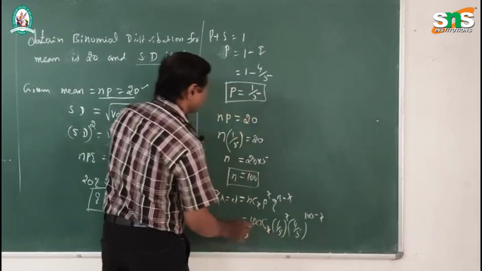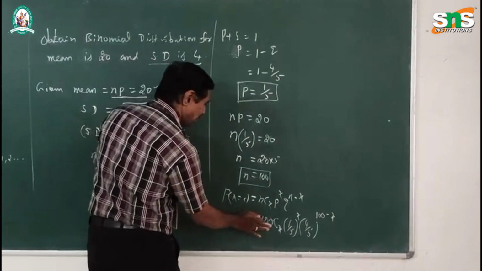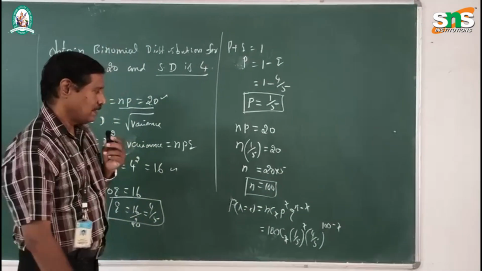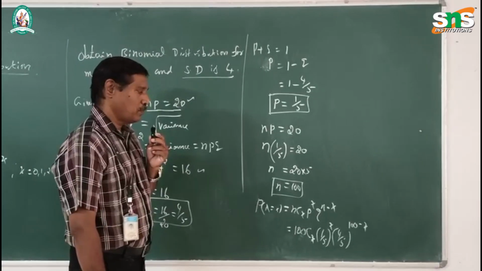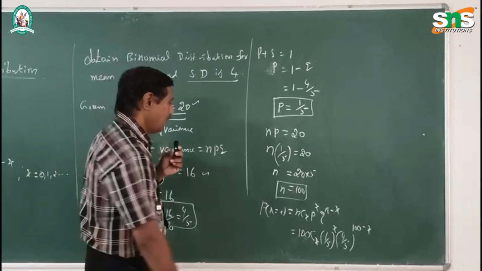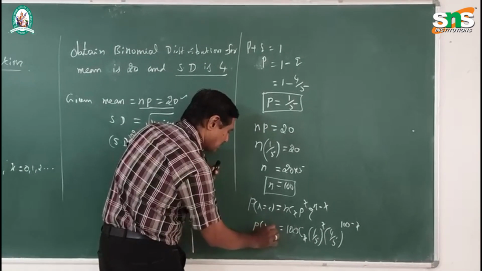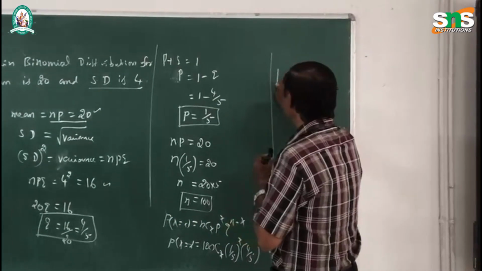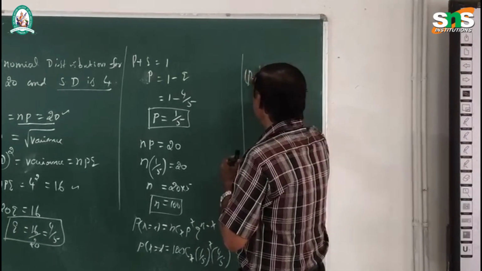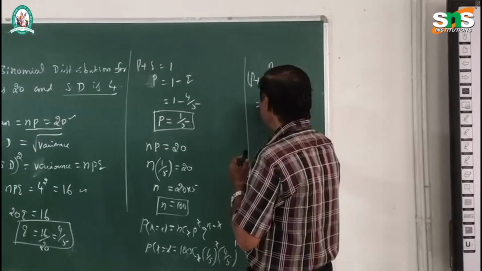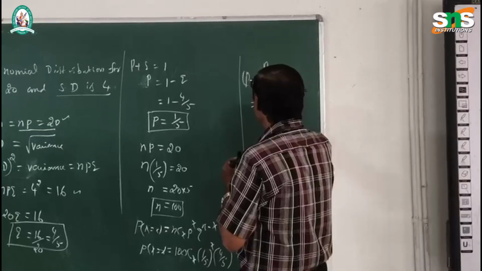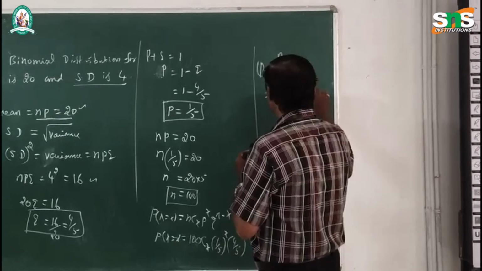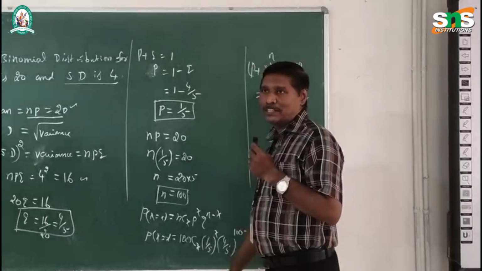So it is 100Cx, 1 by 5 power x, 4 by 5 power 100 minus x. It is a binomial distribution. Or otherwise, we can write the binomial distribution as (p plus q) power n. Then the p value is 1 by 5, the q value is 4 by 5, and the power n is 100. That is another way to derive the binomial distribution.